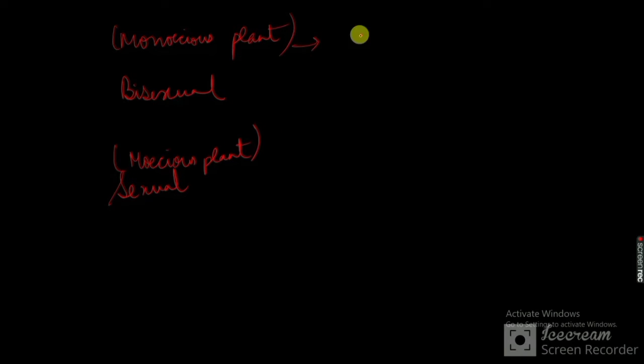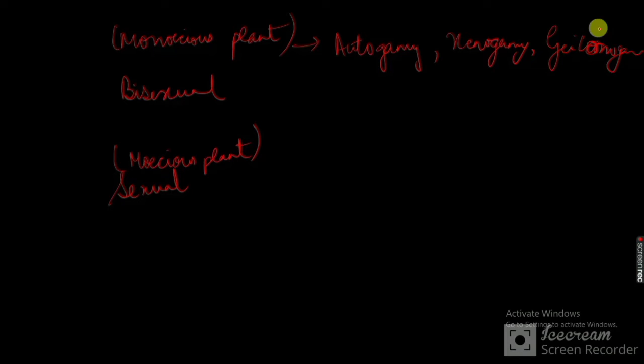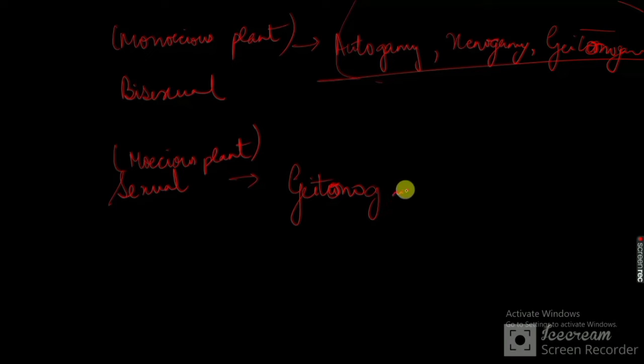In monoecious plant, autogamy, xenogamy, and geitonogamy, any one can occur, whereas in dioecious plant only geitonogamy and xenogamy can occur.